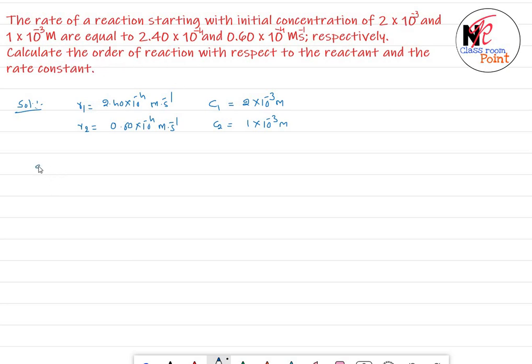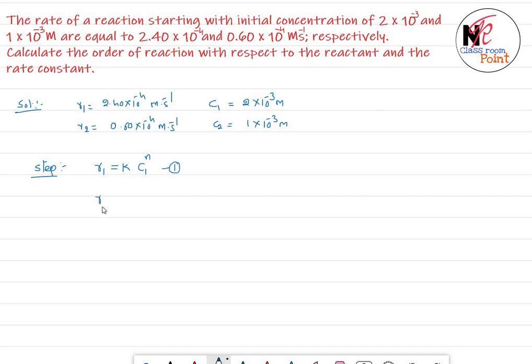Step 1: as we don't know the order of the reaction, let us write the equation as R1 equals K into concentration of reactant 1, because the rate of reaction is directly proportional to the concentration of the reactant. And the power of the concentration, as we don't know, so rate equals K C1 power n. Let us call this equation 1.